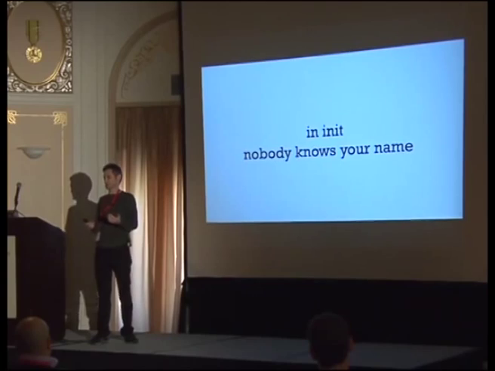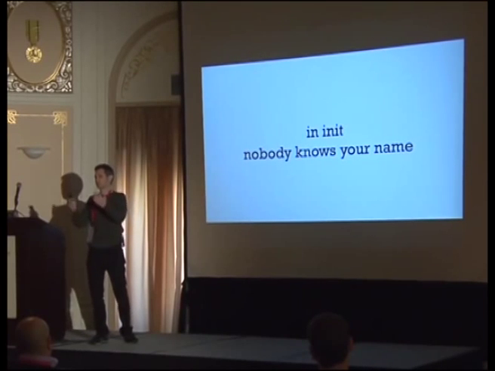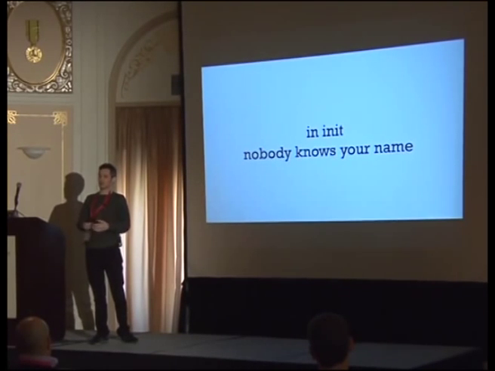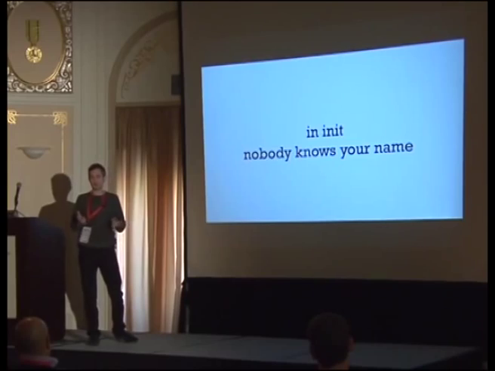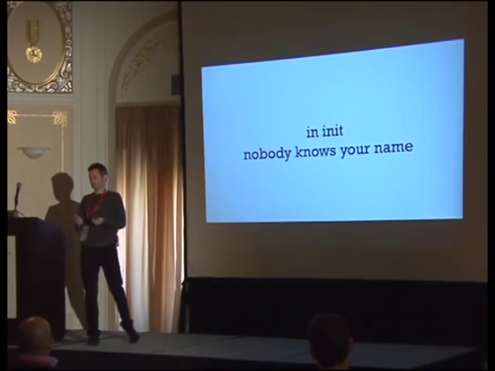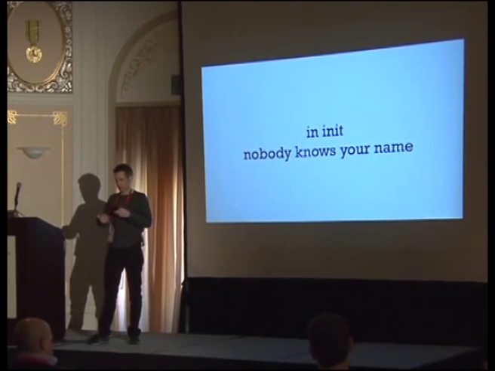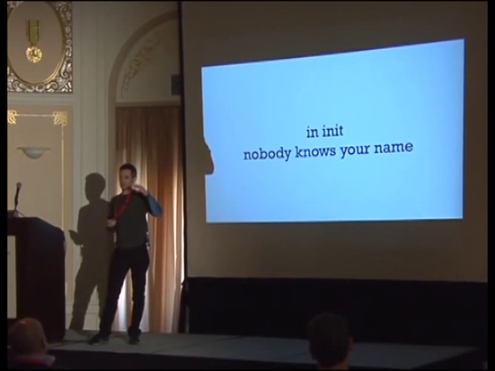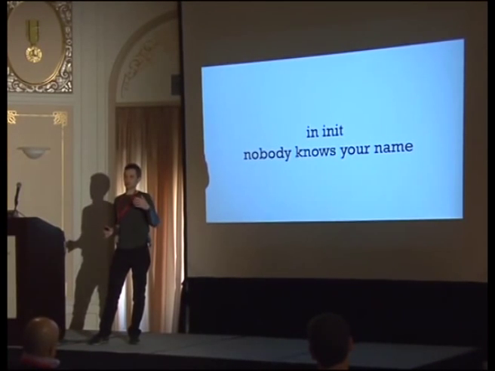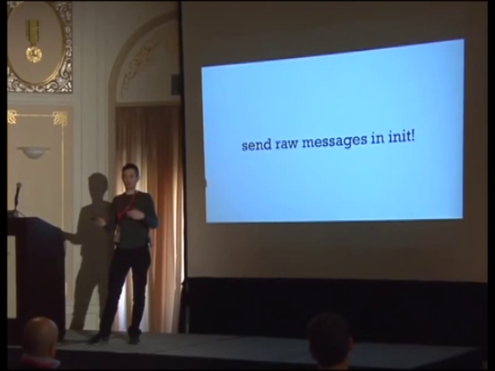When you have a question like, am I allowed to do such and such, you can look in the code and, with a little puzzling, probably determine if you can. It turns out that in init, nobody knows your name, and your server loop hasn't been started. So that's a reasonable place to do some raw message sending and receiving.